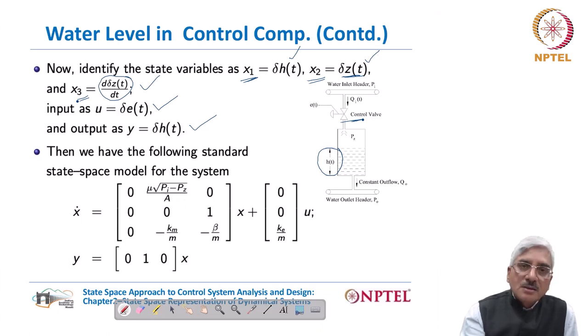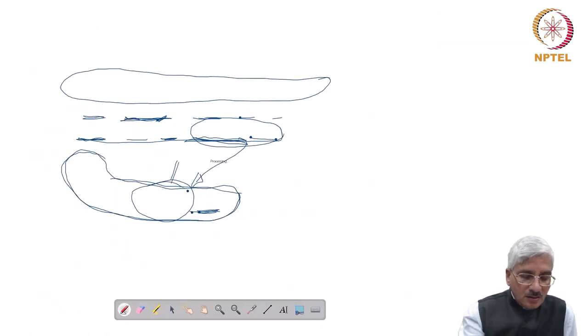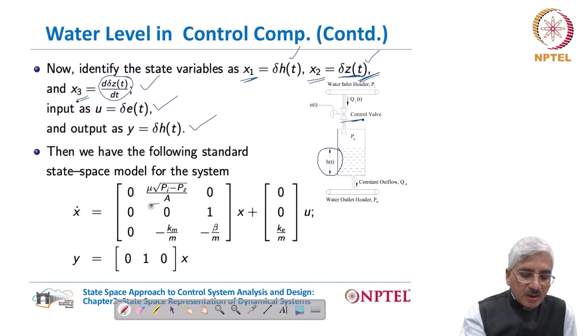So x1 dot is not dependent on x1, not dependent on x3, it is dependent on x2, which is delta Z, the valve position. Here, it is depending on the valve position. So this coefficient we have put in the first row, second column because of that.